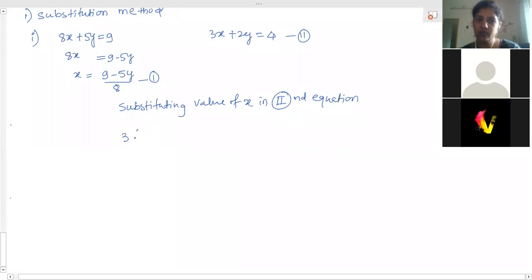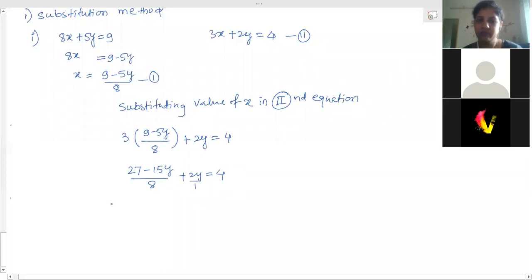So 3 into x: 3 times (9 minus 5y) by 8 plus 2y is equal to 4. Now we got the full equation in terms of only one variable. So use the method of one-variable solving and solve for y. Multiply with 3 inside. 8 and 3 do not cancel, so we have to multiply 3 into the numerator: (27 minus 15y) by 8 plus 2y is equal to 4.